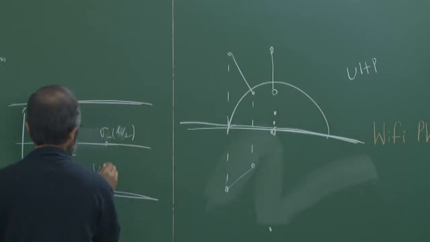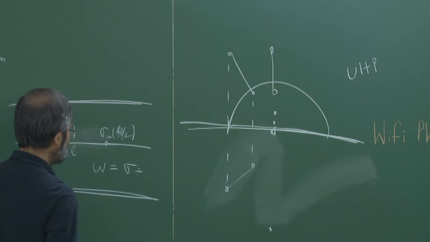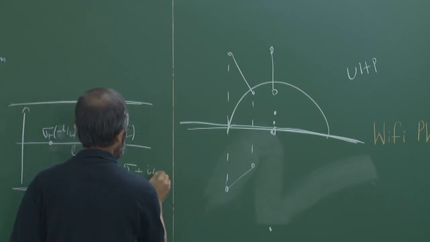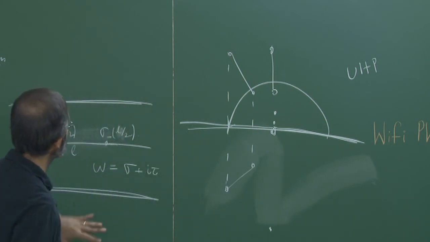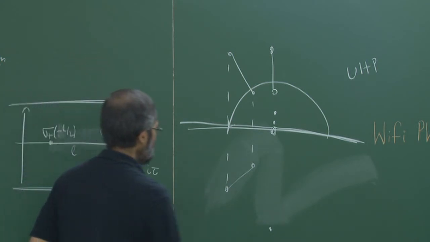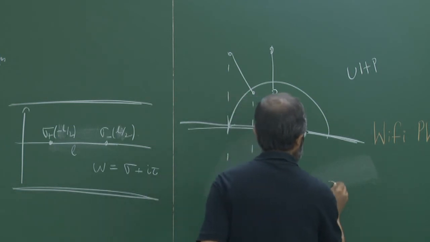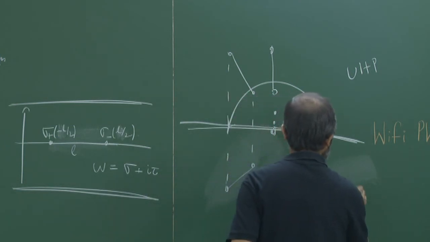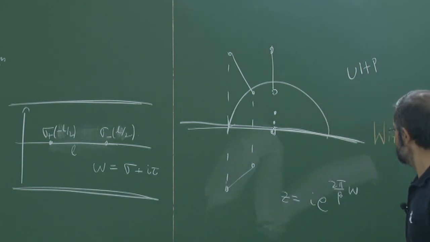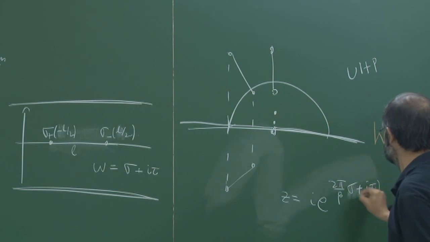Good, good. So here it is like, let's say W is given by some sigma plus I tau. This is Euclidean. Let me say that I am doing a Euclidean field theory on the strip. Then what I do is to use this exponential map, which is 2 pi over beta W. This fellow here is sigma plus I tau.